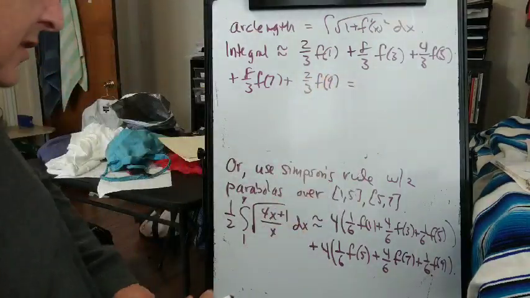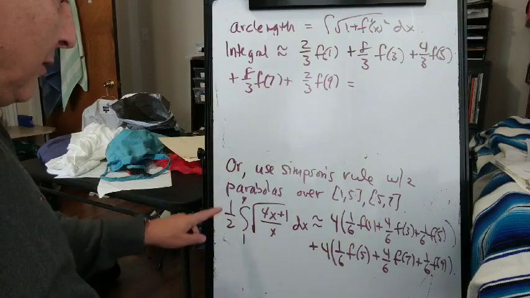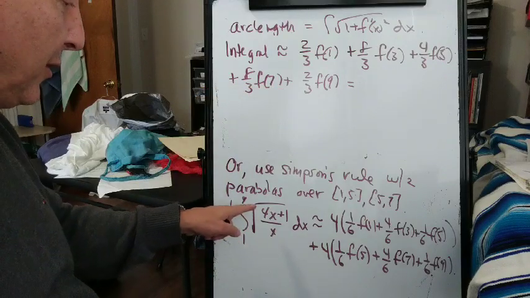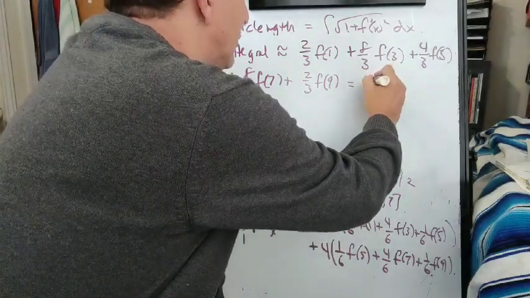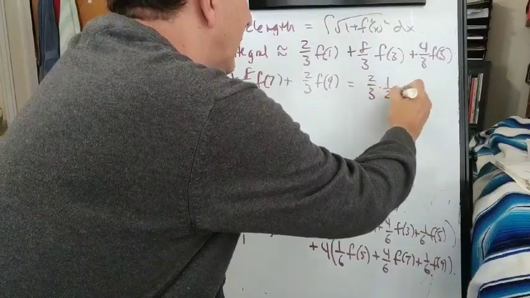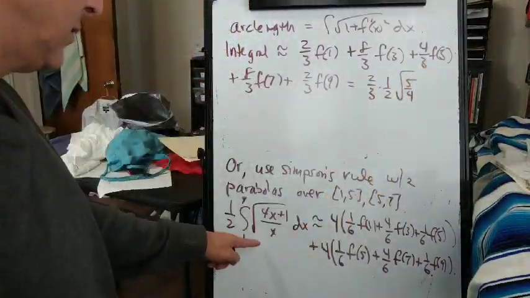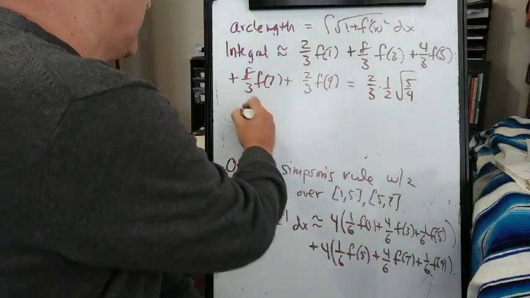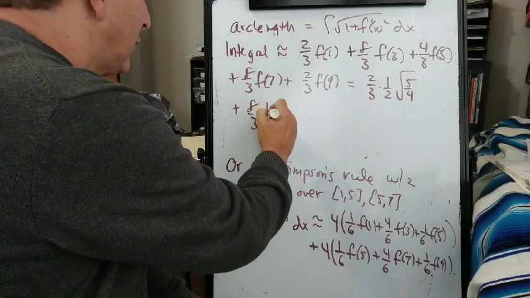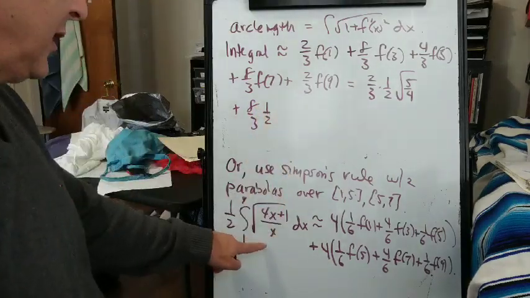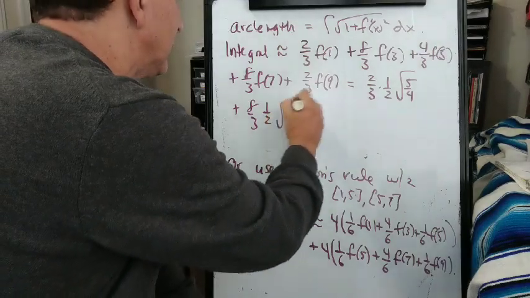And that is, now when we plug in 1, we've got 1/2 square root of 5/4. So 2/3 times 1/2 square root of 5/4 plus 8/3 times 1/2, plug in 3, and we've got 13/3 in the square root.